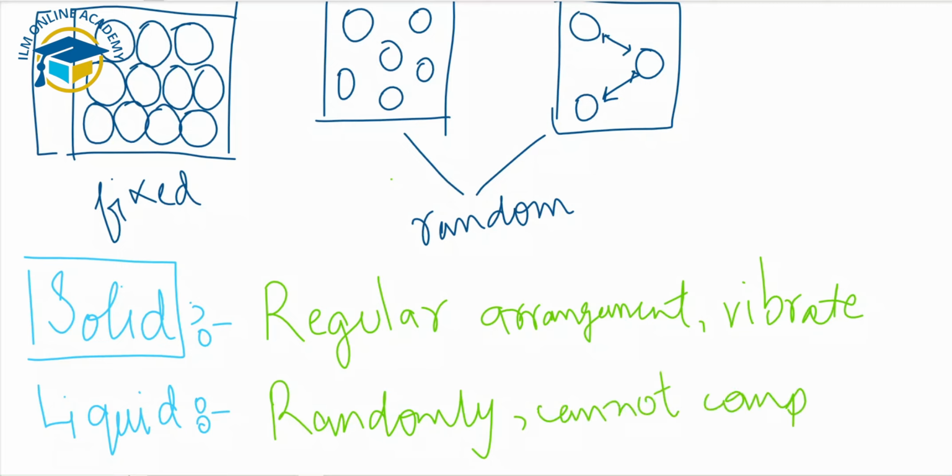Solids and liquids both cannot be compressed. So these are the important properties of solids and liquids. Liquids are closer together and they also have a random arrangement.